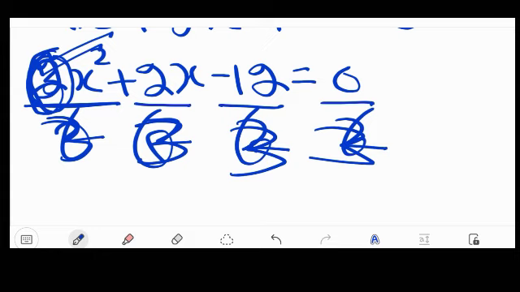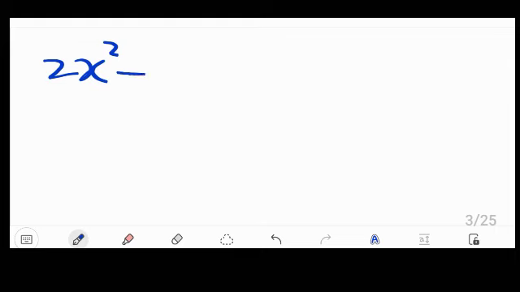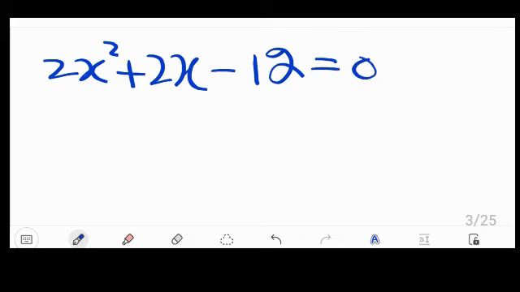This point should be kept in mind only in the completing square method, not in the other two. So now I am going to proceed to solve this question by factorization. 2x square plus 2x minus 12 is equal to 0. Just imagine, for example, here is 3, not 2.